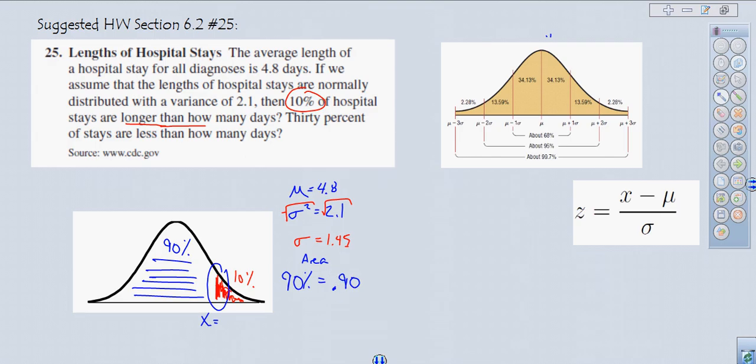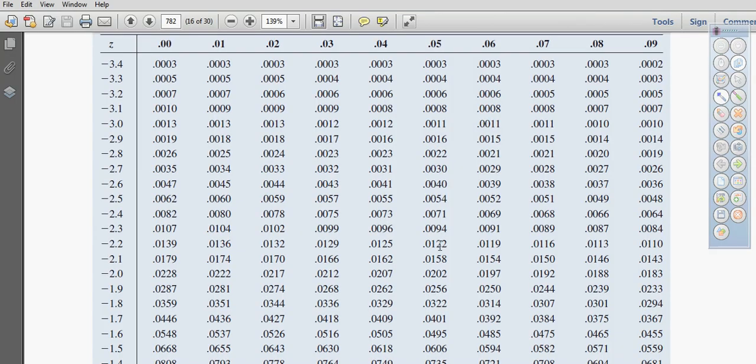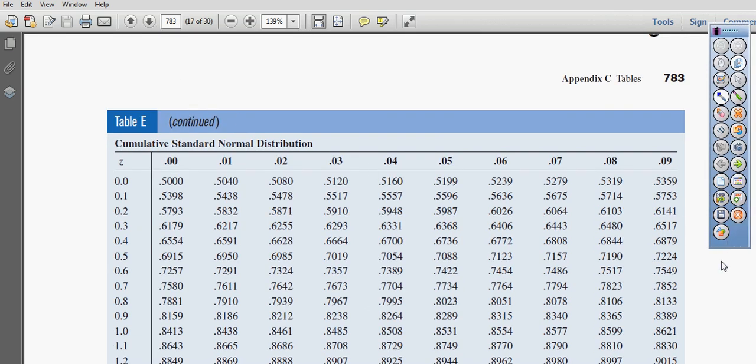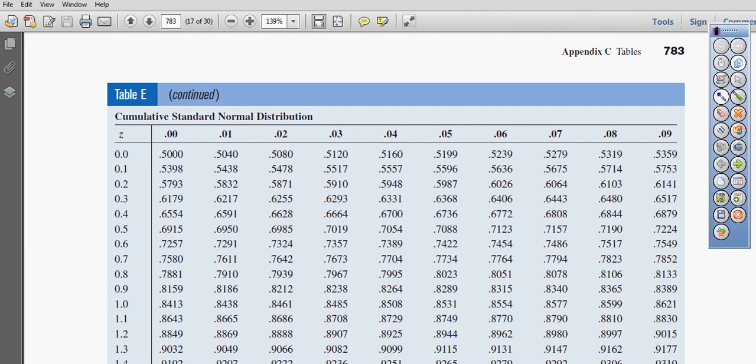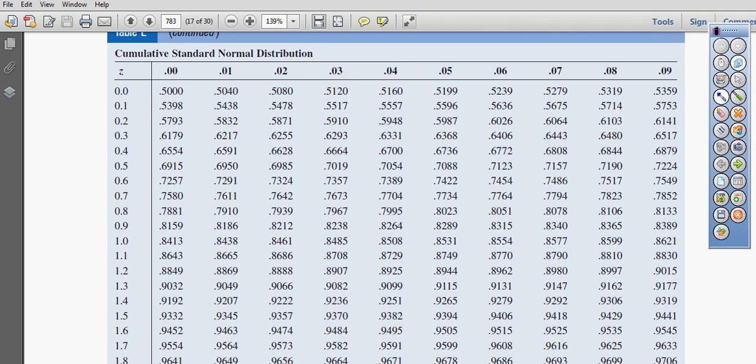So let's pull up table E, and we're looking for an area to the right, so we're going to look on the positive side of our distribution table. And so here we are, scanning through, and what we're looking for is 0.9. So here we go, we've got 0.900. No. Okay, wait, up here maybe? Here we go, we've got 0.8997 or 0.9015.